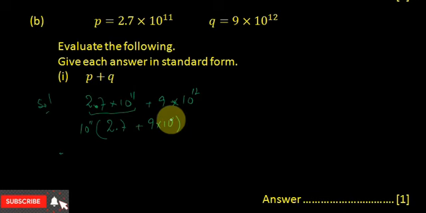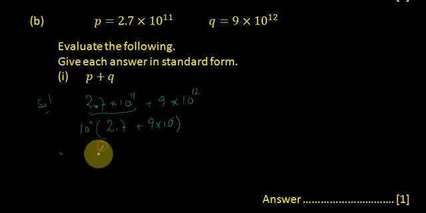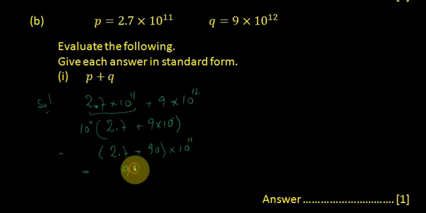So further we can solve this. It becomes 2.7 plus 9 multiplied by 10, which is 90, and we write 10 to the power 11 on the right side. Further, 2.7 plus 90 becomes 92.7 times 10 to the power 11.